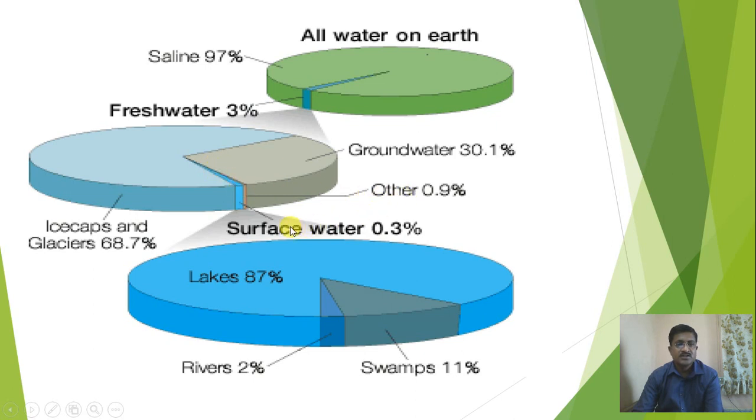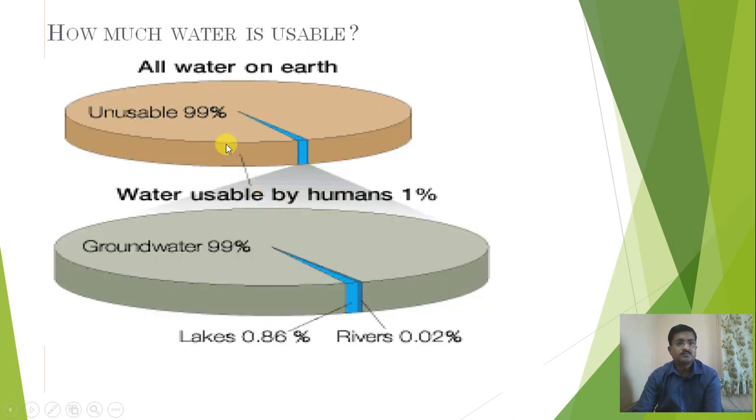Then surface water is 0.3% and other is 0.9%. In terms of rivers, swamps and lakes on the surface, the lakes are 87%, rivers are 2% and the swamps are 11%.